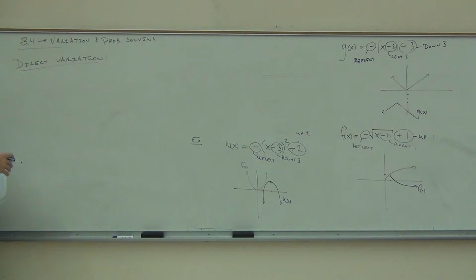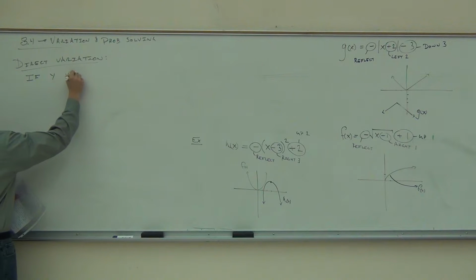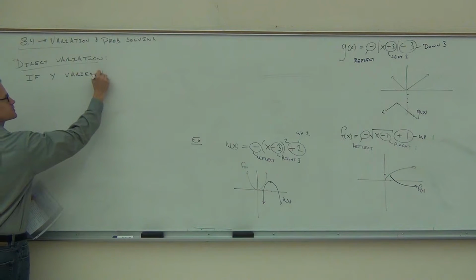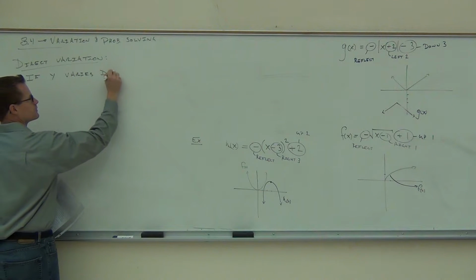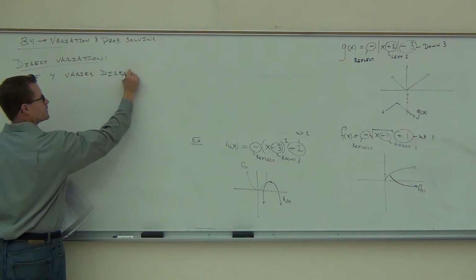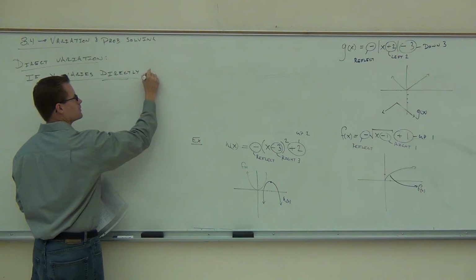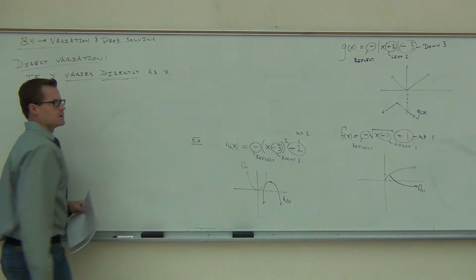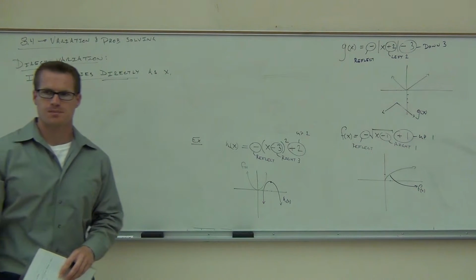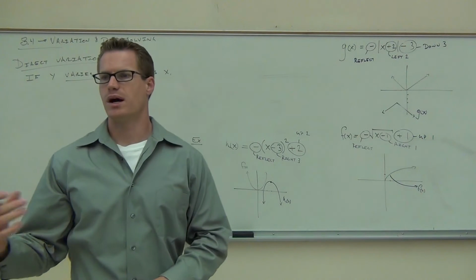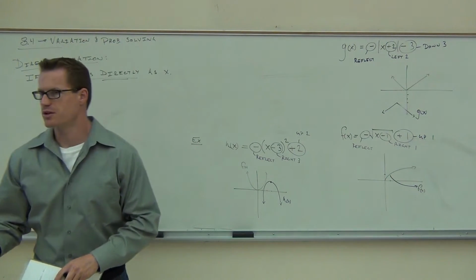So if y varies directly, it's another way we can say direct variation. If y varies directly as x, you can hear that a lot. If y varies directly, the key word there is directly. If y varies directly as x, right there that's tied x and y together, in a very specific relationship.